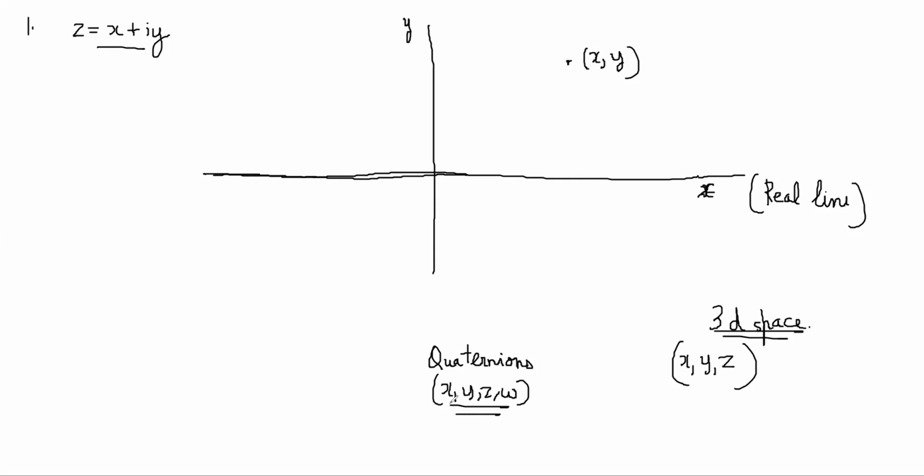Mathematicians have figured out ways to define and use numbers which have more dimensions than two also, right? So a complex number is just a two-dimensional type of number. Real numbers are unidimensional, and there could be higher types of numbers also possible.